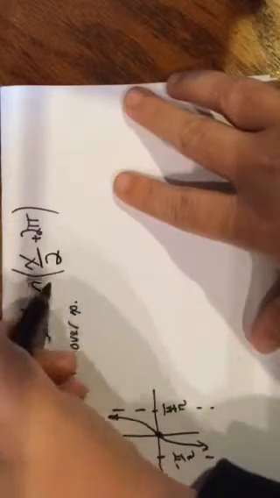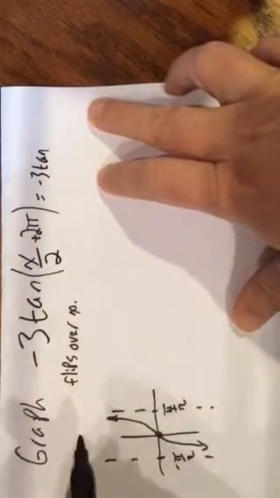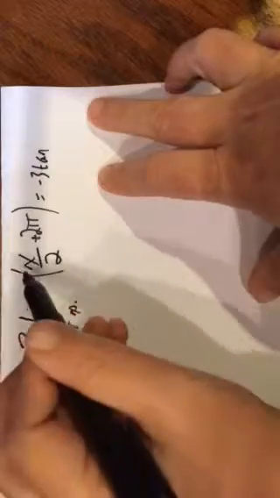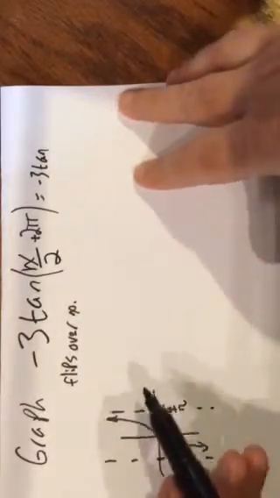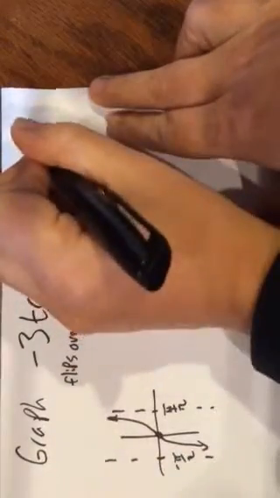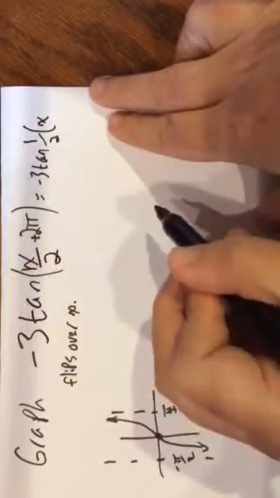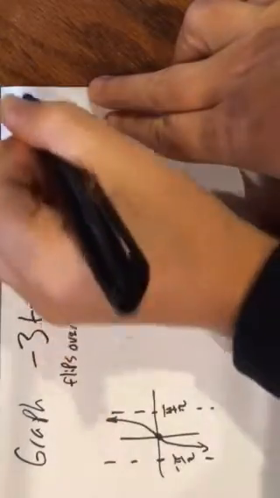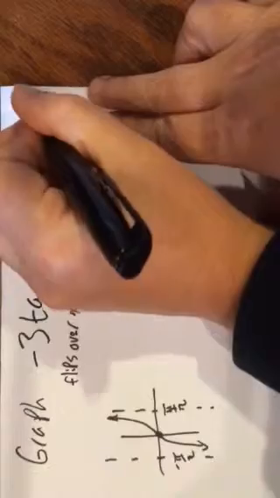Well, I should probably rewrite this. So negative 3 tan. And when I say rewrite it, pull out whatever's in front of this x. In this case, it's a 1 over 2. So pull out a 1/2. So 1/2. If I divide by 1/2, I will just get x. 2 divided by 1/2, I'd flip and multiply. So plus 4 pi.